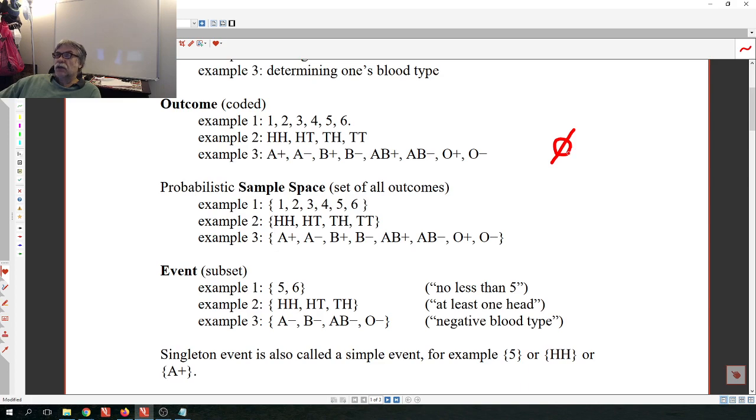This is a notation: Greek phi is the symbol for the empty set, which is the same thing as the set that has nothing in it. So you have wiggle brackets with nothing in it, like an empty bag, an empty collection. That is also a subset.